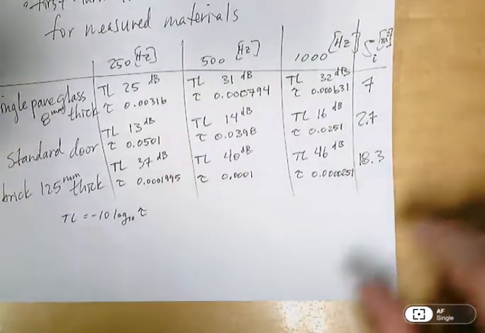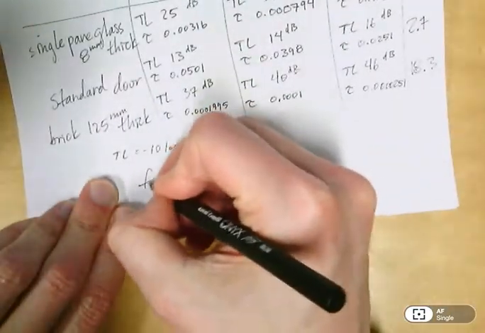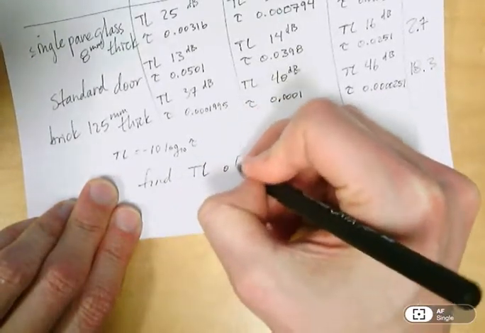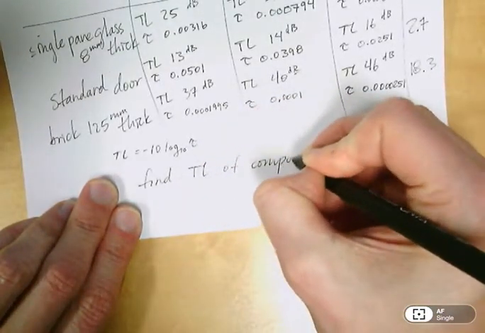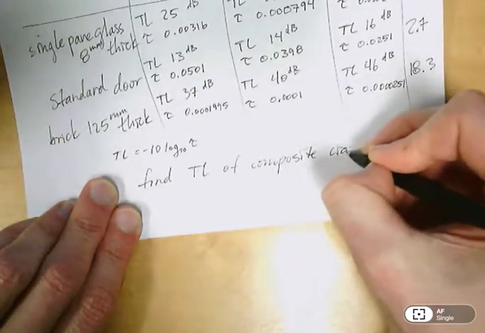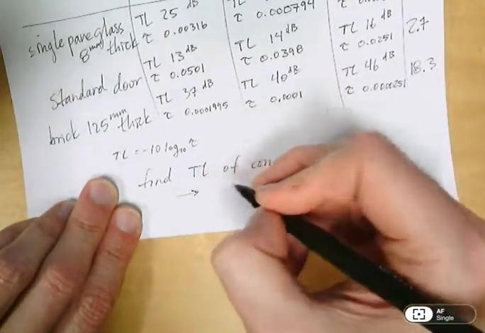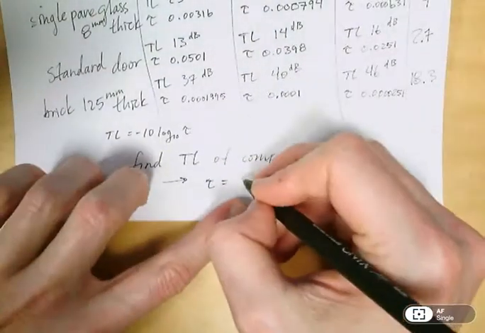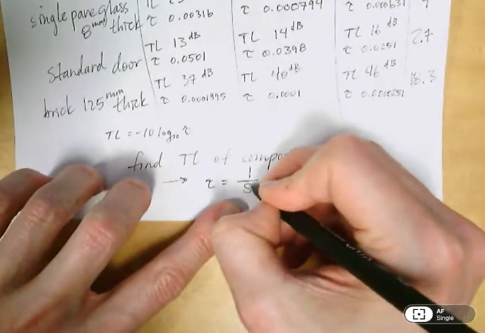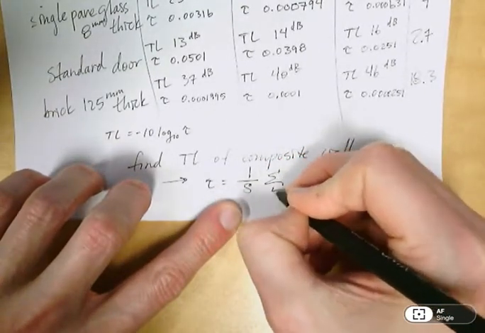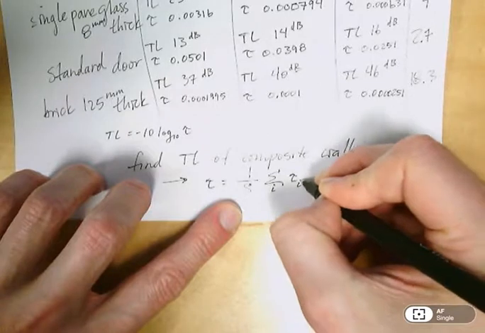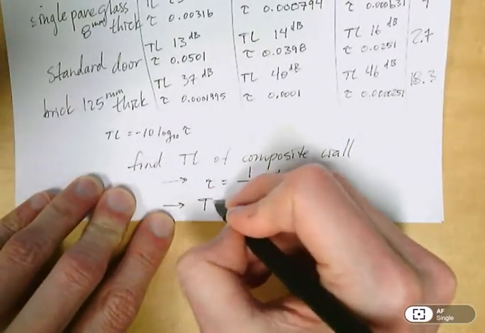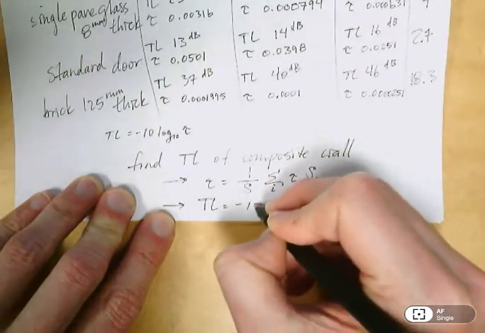So then, to find the TL of the composite wall, we need to compute the transmission coefficient from that composite expression. And then ultimately, thereafter, that transmission loss.